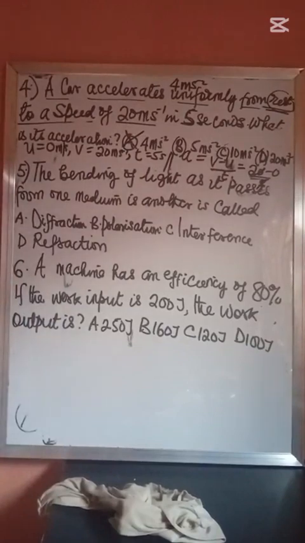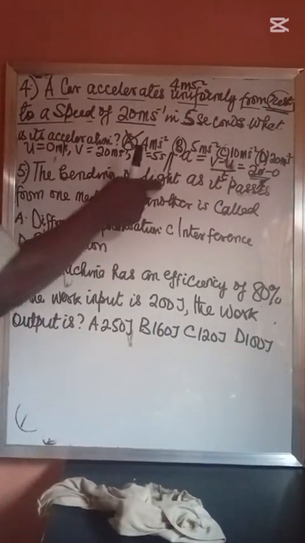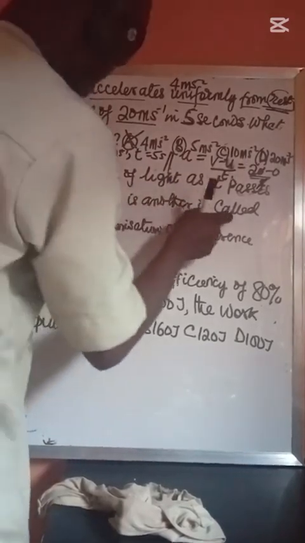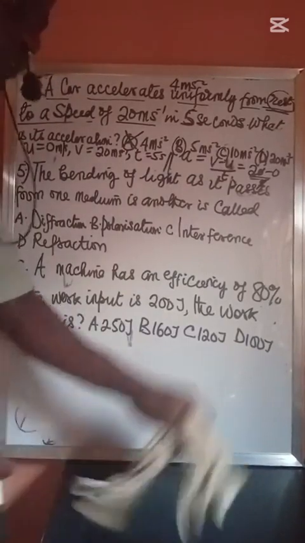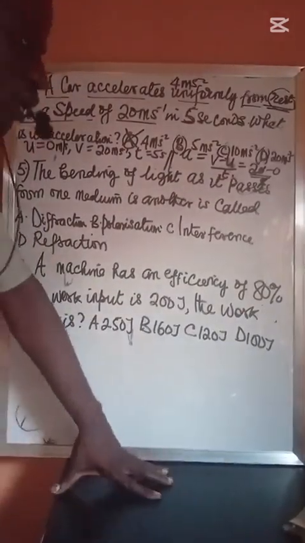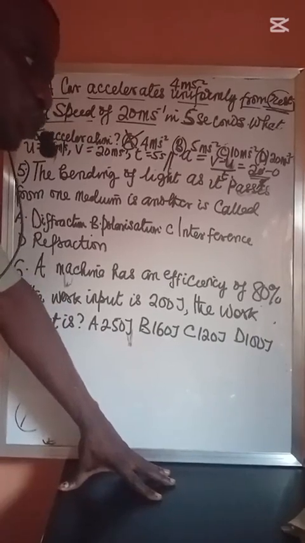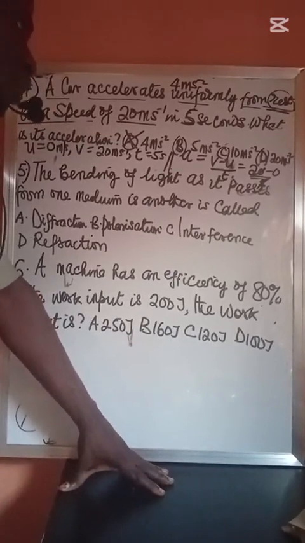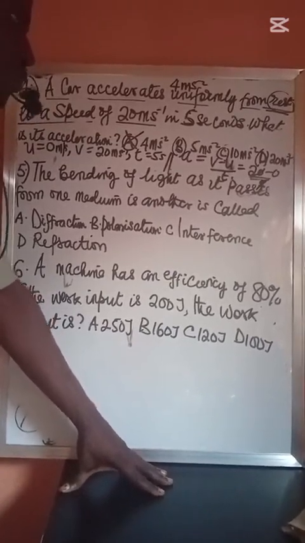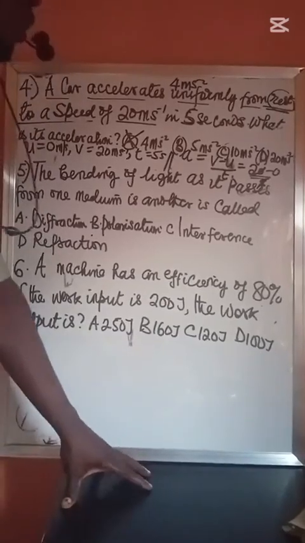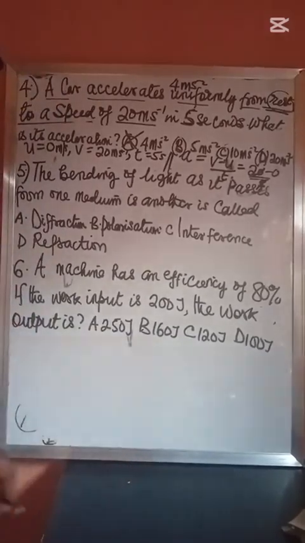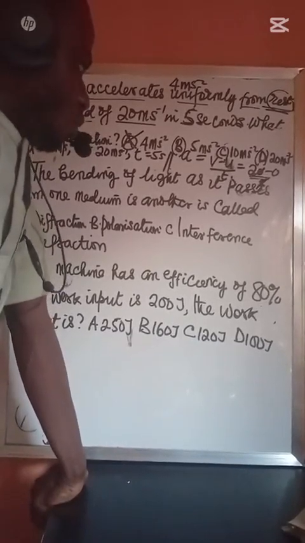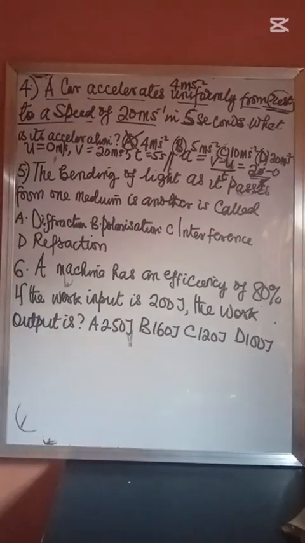Now number 2 says the bending of light as it passes from one medium to another is called dash. Let's analyze this. When light passes through two different media of different densities or thickness, there is a kind of resistance observed.